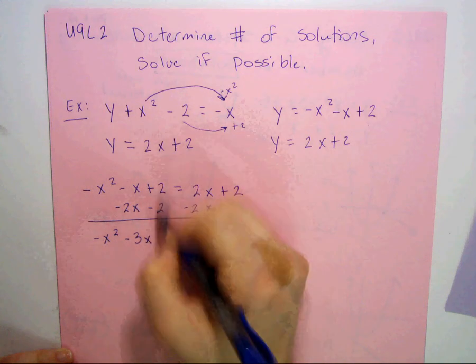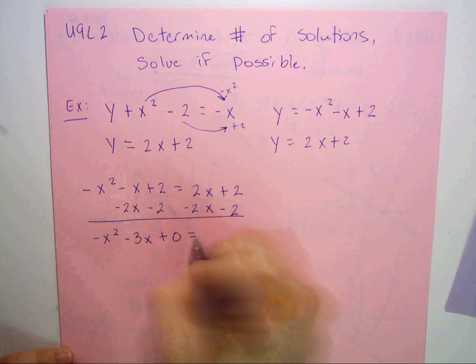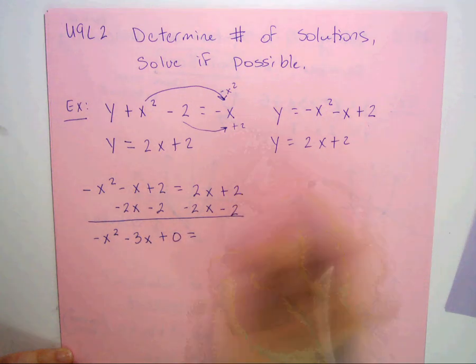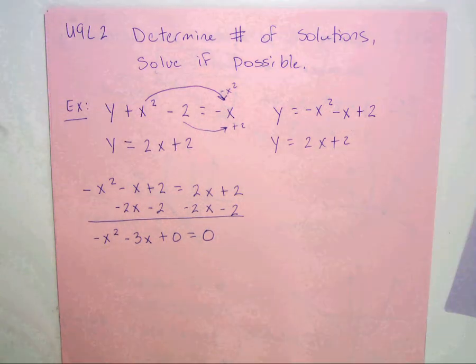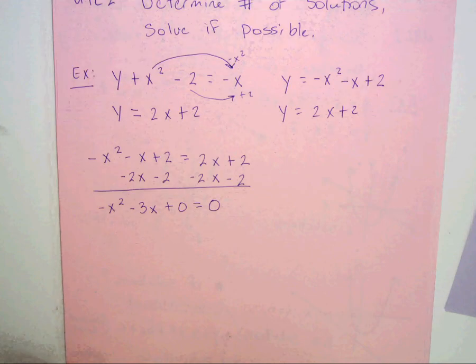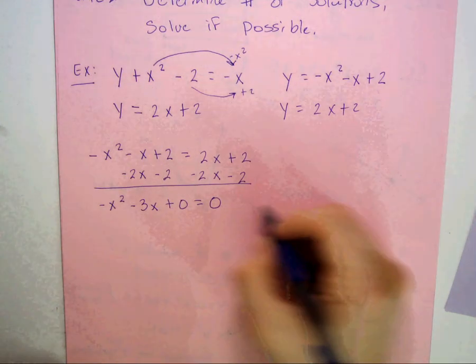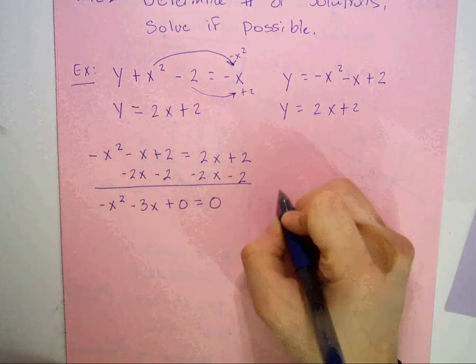So I end up with negative x squared minus 3x. And this cancels out to 0, but I'm going to keep my plus 0 equals 0. This cancels out, and this cancels out, so I get 0. I'm going to keep that 0 there just so it stays in standard form, and we can identify our A, our B, and our C.